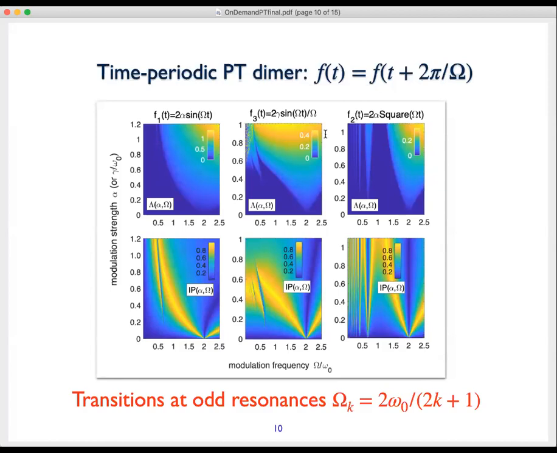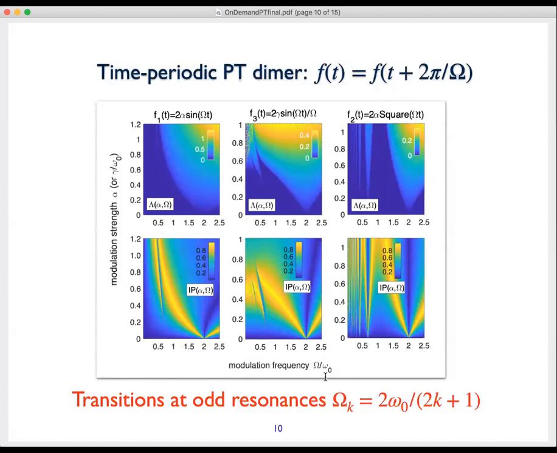In these pictures, the vertical axis is the strength of the modulation, the strength of the function f, this prefactor alpha, if you wish. And the horizontal axis is the modulation frequency, capital omega, scaled with the relevant energy scale or time scale in this problem, which is basically the frequency of the oscillator, which, by construction, we are keeping fixed.